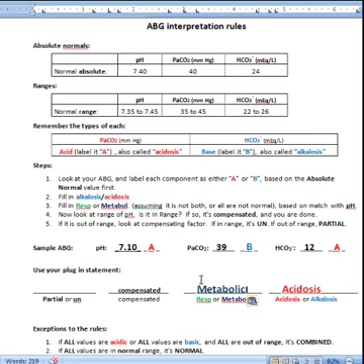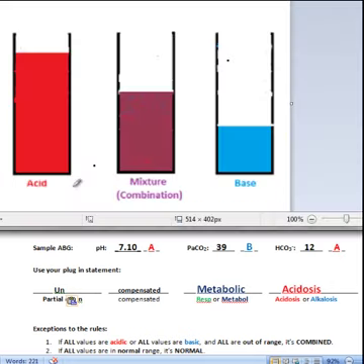Since metabolic is the cause, then CO2 is the compensatory factor. Its normal range is 35 to 45. This is in range. Therefore, my blood gas is uncompensated. So it's an uncompensated metabolic acidosis. That is my full interpretation.